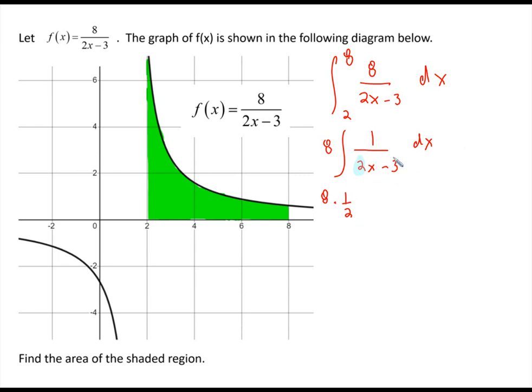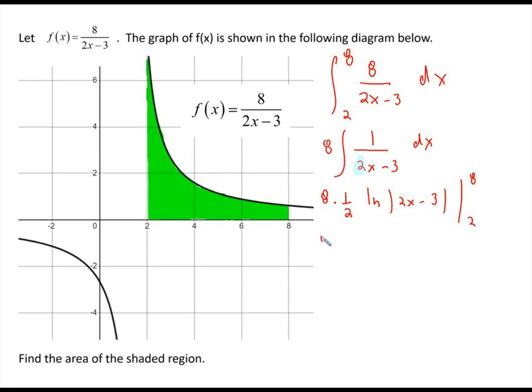And then you just have to remember it fits the integration table, and we have natural log absolute value 2x minus 3, plus, well, we don't need the plus c because we have the bounds of integration. So we're going to evaluate from 2 to 8, right?